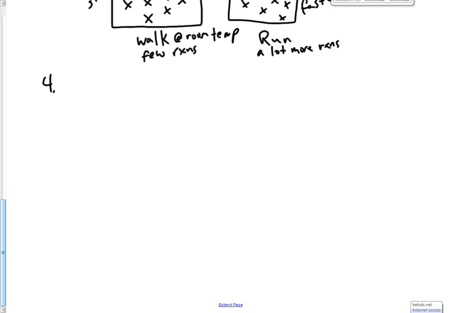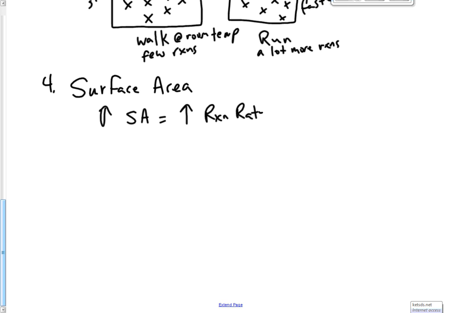Okay, the fourth factor is the surface area. An increase in surface area is an increase in reaction rate. Okay, so increase surface area equals an increase in reaction rate.